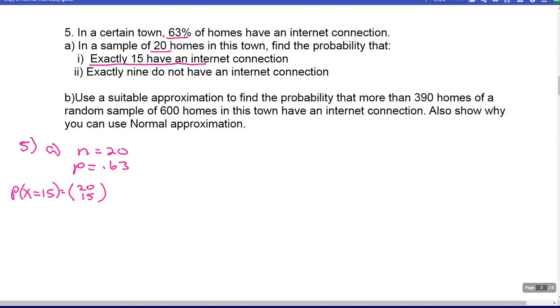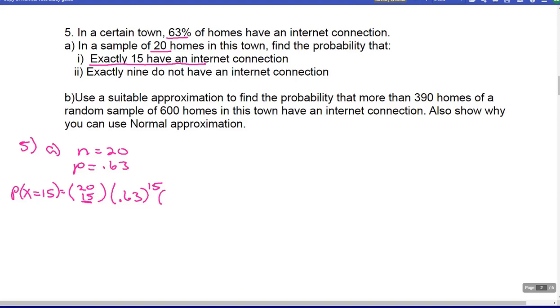Then what goes next? 0.63. Good. Now what power is it going to be? 15, because this number is the number of successes. So I need to have 0.63 15 times.